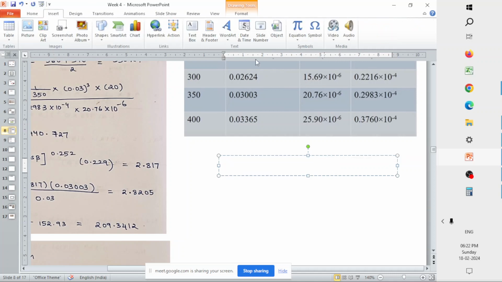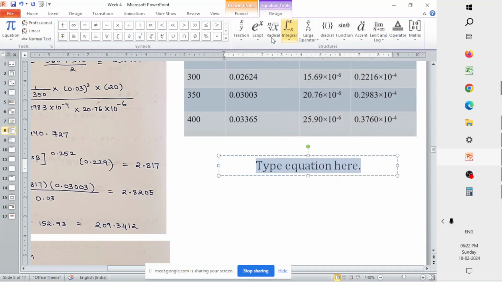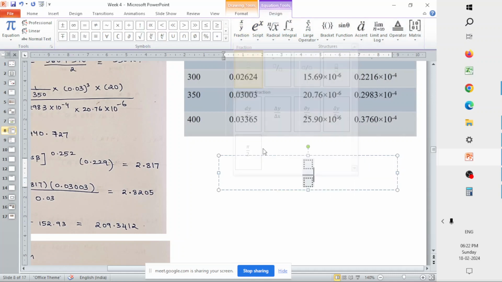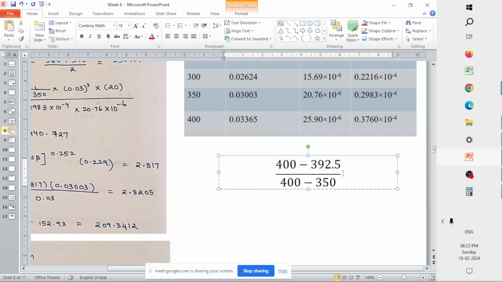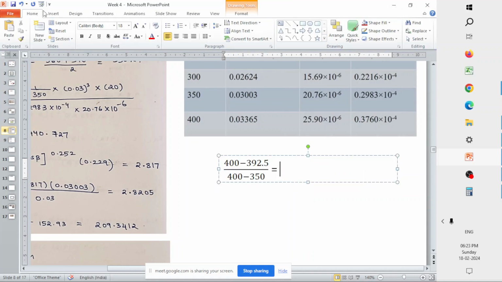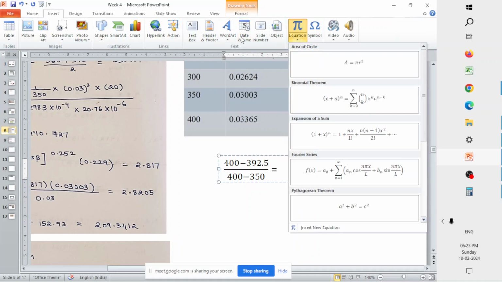These are quite complicated, so let's see how we are supposed to solve this. 400 minus 392.5, here we have to take the average temperature. Based on the average temperature only we are supposed to calculate the thermal and momentum diffusivity, divided by 400 minus 350.